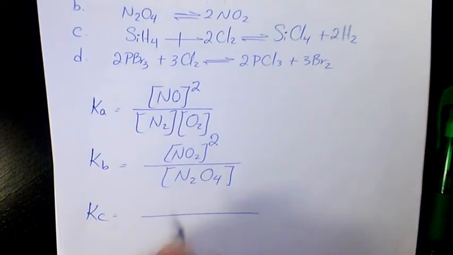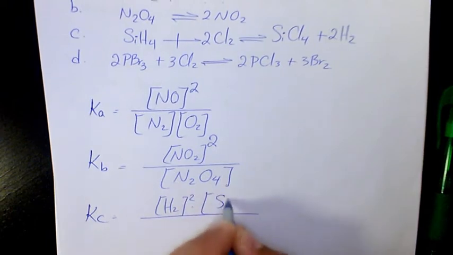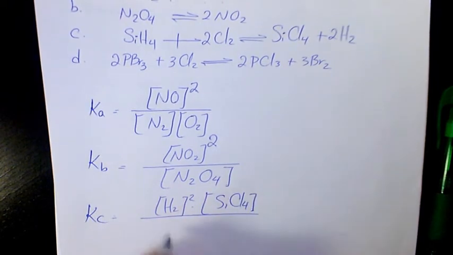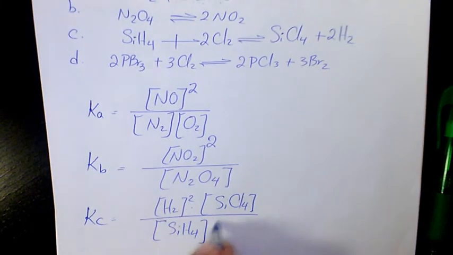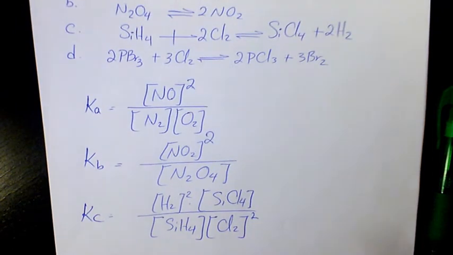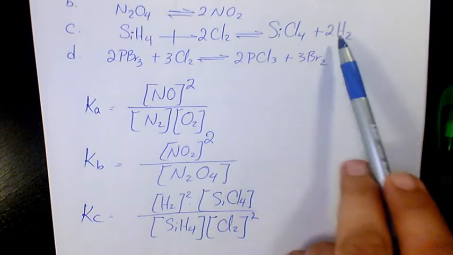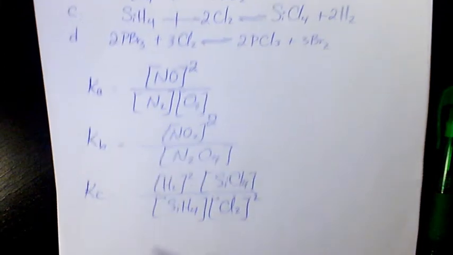So we have H2 to the power of 2 times SiCl4 divided by SiH4 times Cl2 to the power of 2. Again, we need to double check the coefficients. The coefficient here is 2, here is 1, reactants 1, and this one is going to be 2.